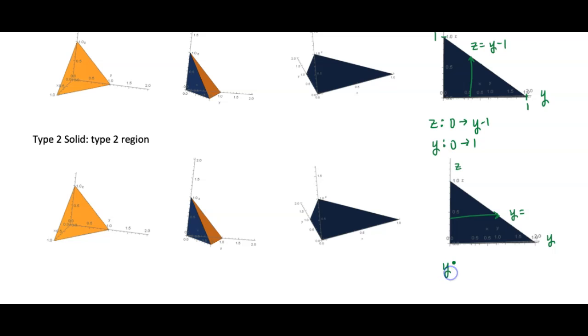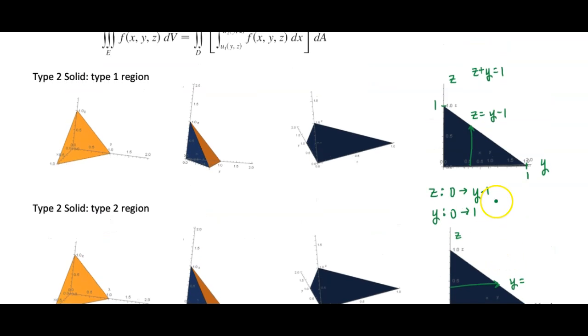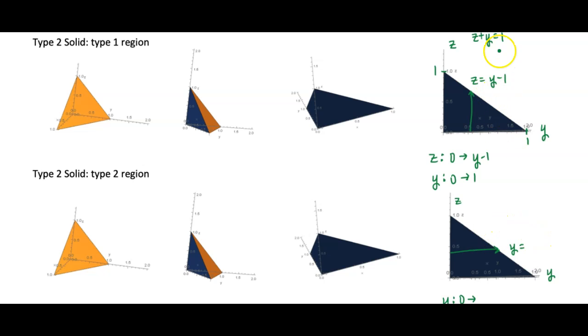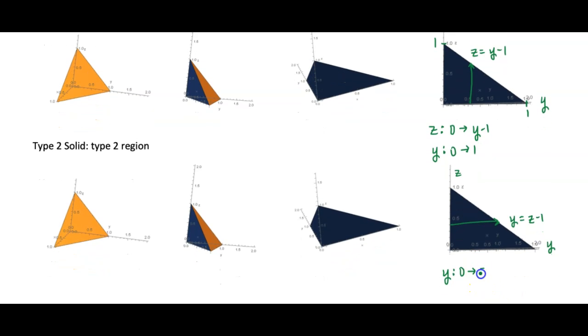So my y bounds are going to go from 0 to, and I can write this as y equals z minus 1. So y goes from 0 to z minus 1. And z goes from 0 to 1.